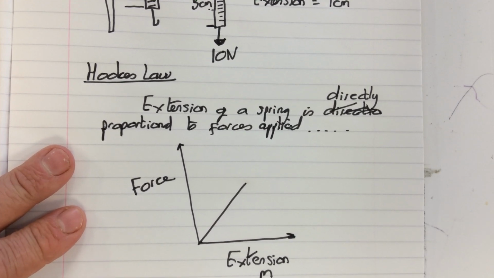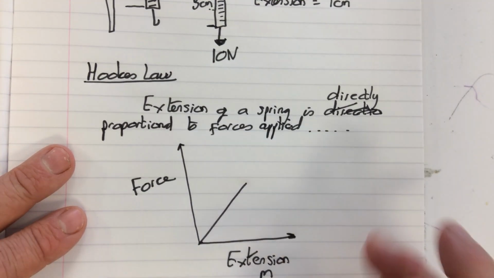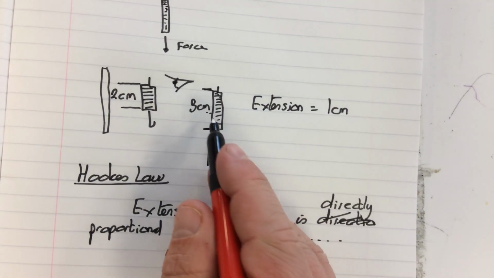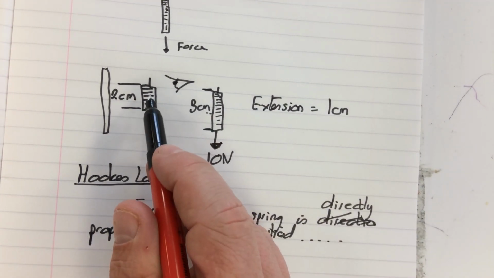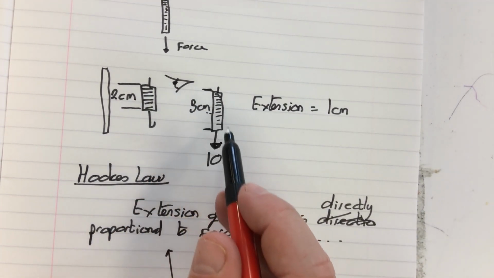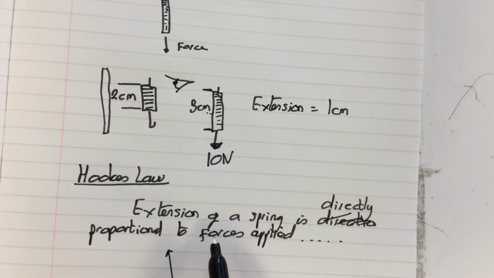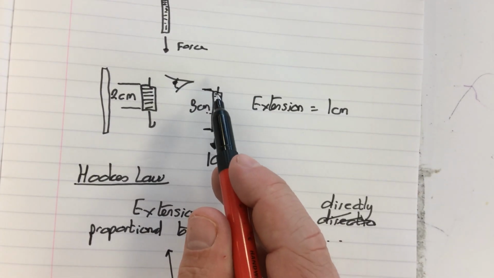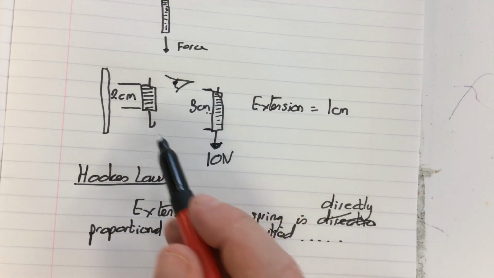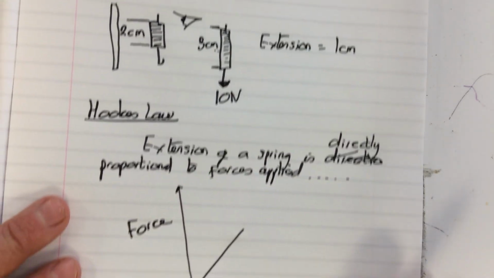But we know if we keep on stretching something and then let it go, up to a point, it won't go back to the way it was. So if I let go of that spring now, it would probably go back to the size it was. But if I put more and more force onto that spring, eventually the shape of the spring will change and it won't go back to its normal size.